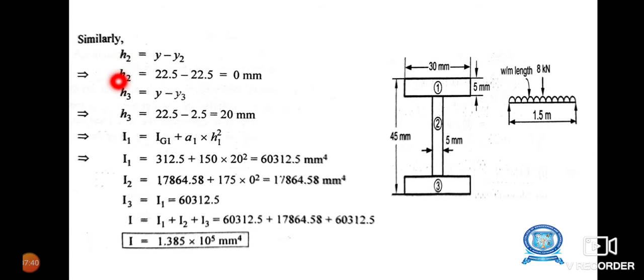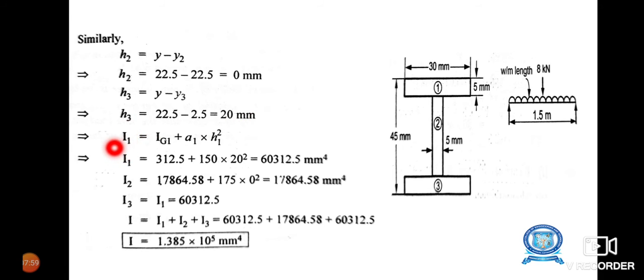Similarly, we calculate H2, Y minus Y2, 22.5 minus 22.5, that is 0. So H2 value is 0. Then H3 is equal to Y minus Y3, that is 22.5 minus 2.5, which is equal to 20 mm.